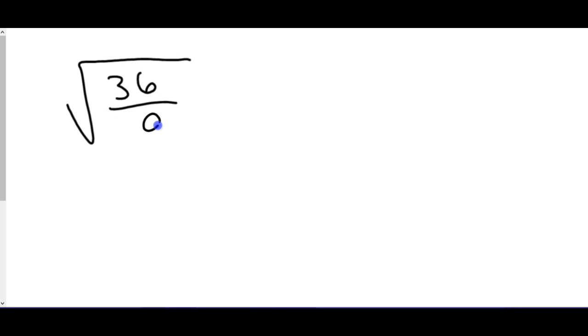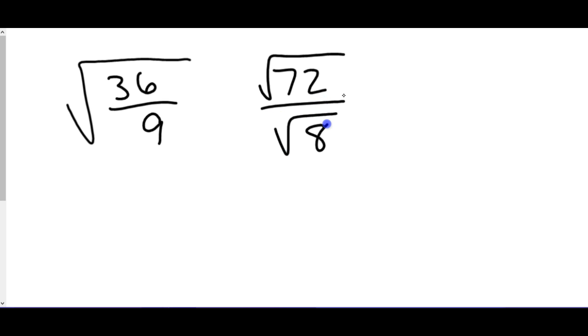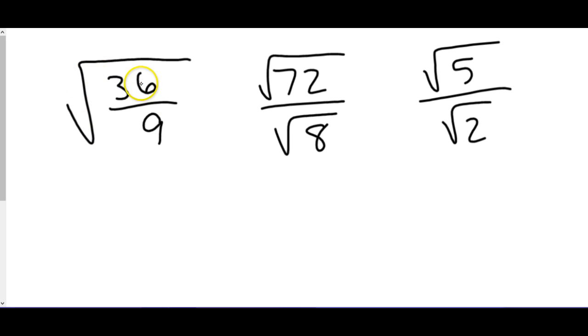So the second topic for this is dividing radicals. When you are dividing radicals, there's kind of 3 methods you have to use. The first method, square root of 36 over 9.